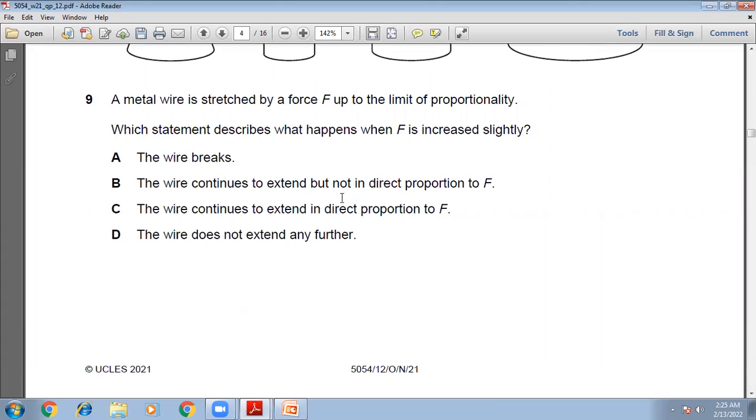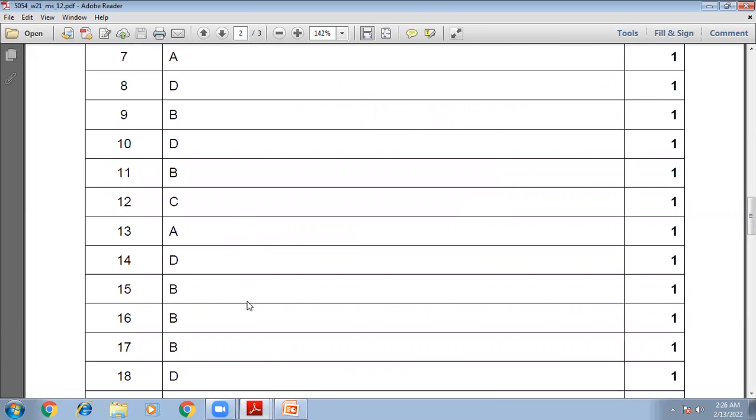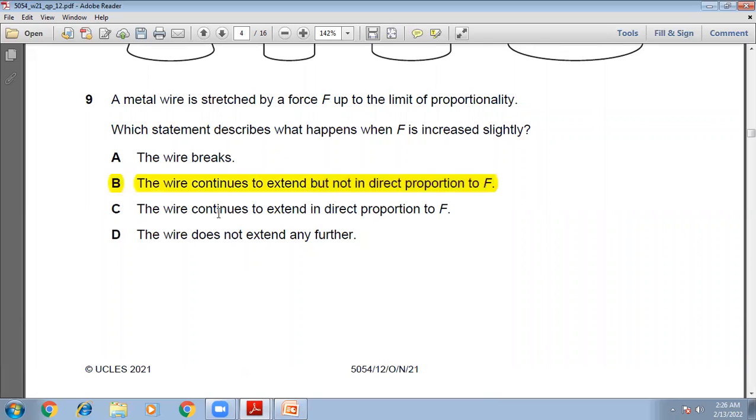No, the wire continues to extend, but not in direct proportion to F. Yes, this is the statement. The wire continues to extend in direct proportion to F? No, when you cross the limit of proportionality, the extension and the force are no more directly proportional to each other. The wire does not extend any further? No, no, it extends. So I think B is the right answer, sir. Question number 9, B is the right answer.